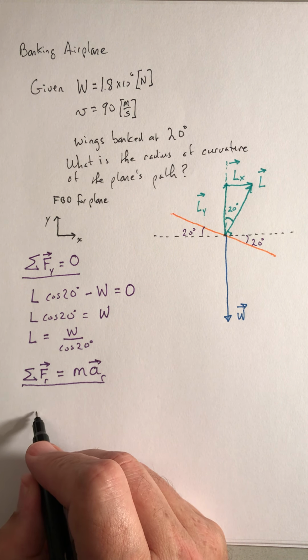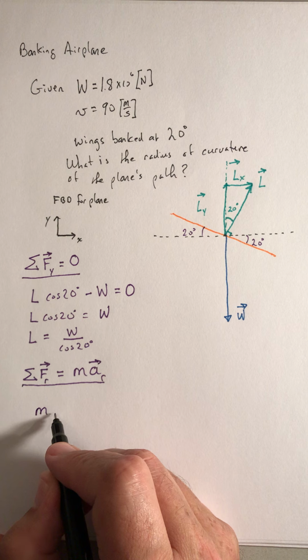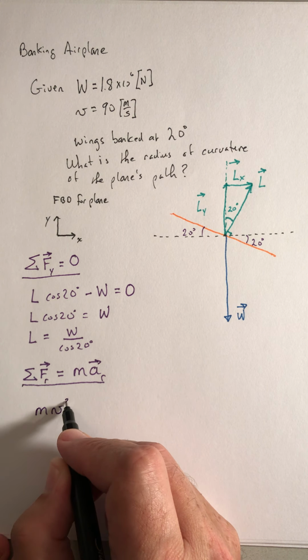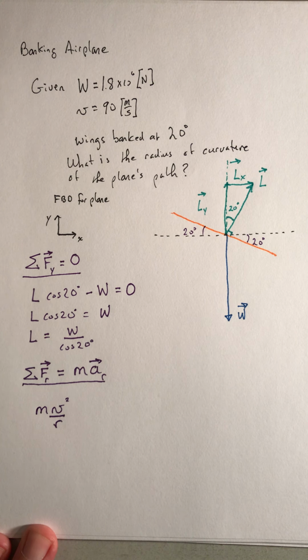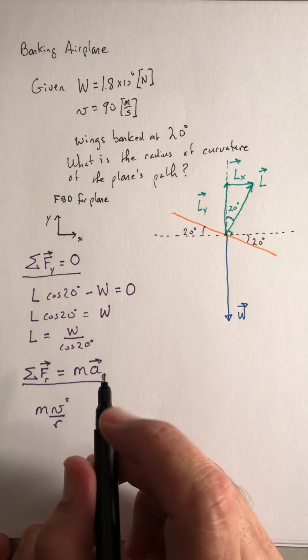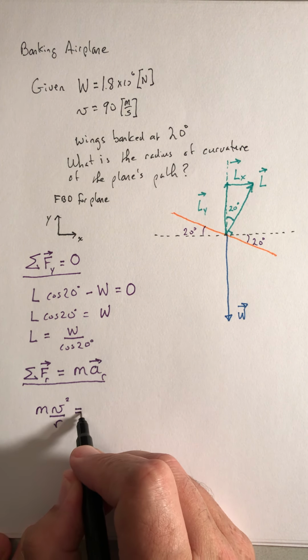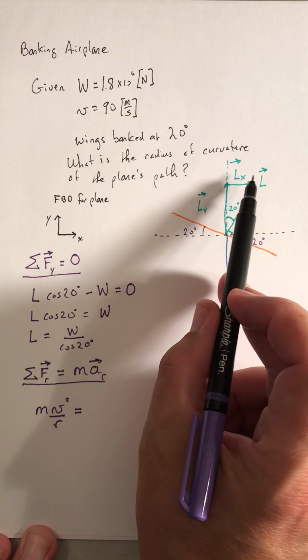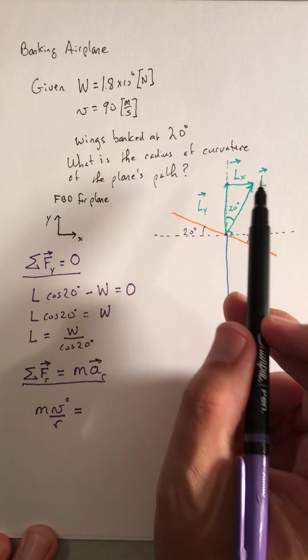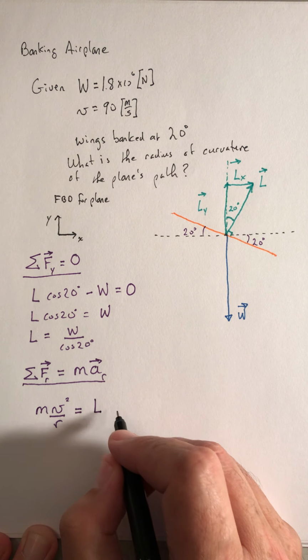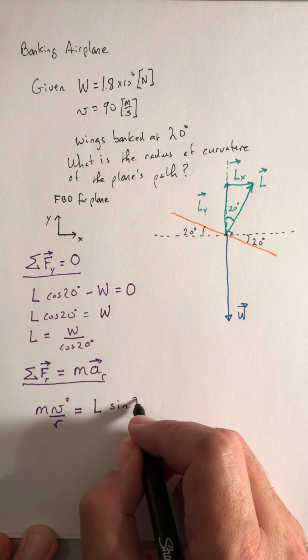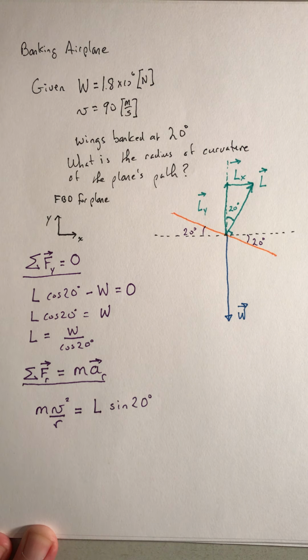So writing that out, for uniform circular motion, the radial acceleration will be the speed squared over the radius of curvature. And the only force I have to cause that is this component of the lift, the x component. So that's going to be L times sine of 20 degrees.